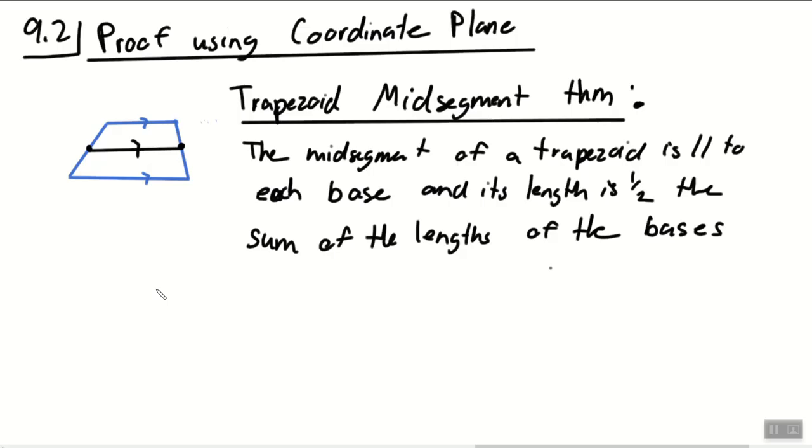Who can remind me what the coordinate plane is? Yep, a graph using a scale. I have a coordinate plane. I'm gonna draw that right here. And I'm gonna make sure that this point right here is right at the origin, because it's gonna make this so much easier. So Tristan, if that's the origin, and this is my y-axis, this is my x-axis, how would you write this coordinate pair? 0, 0, yeah.